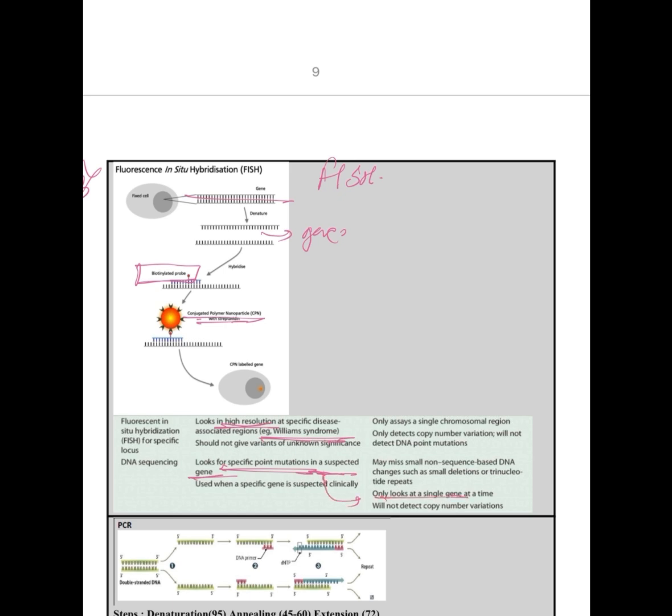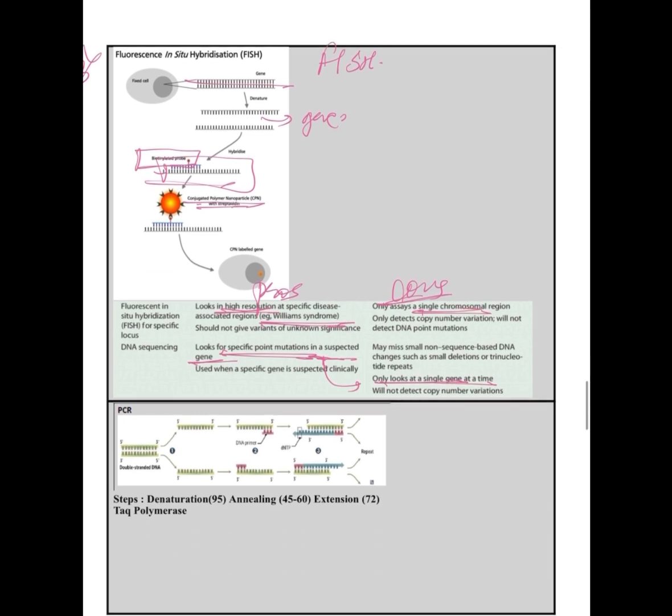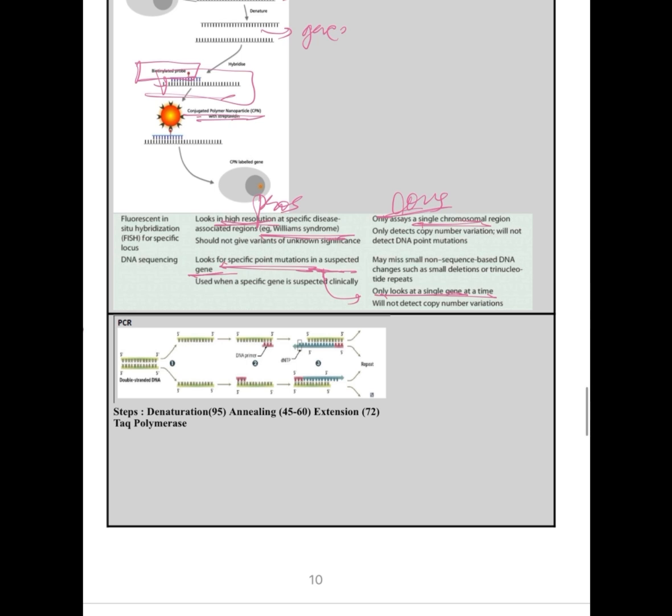It is looking only at a single gene at one time. It can't look at all the genes at a particular time, because we are giving a probe which is specific to that gene sequence. So you can only see that. So these are your pros and cons for this. So it is identifying only a single gene at one time and a single chromosomal region at one time. Okay, that's all you have to know about that.